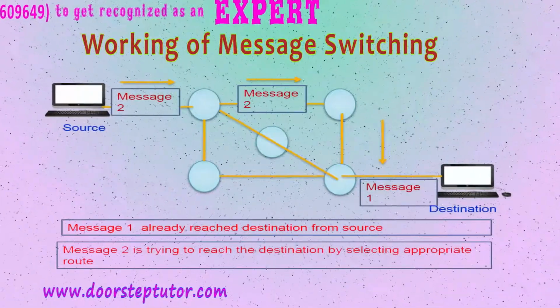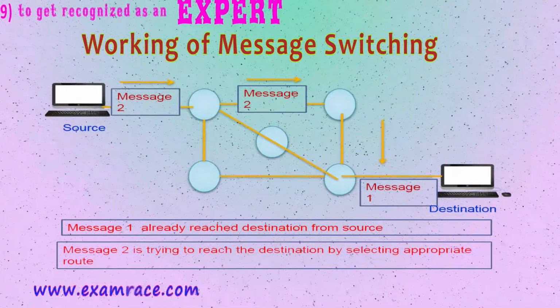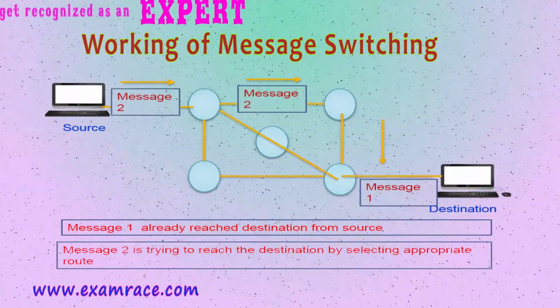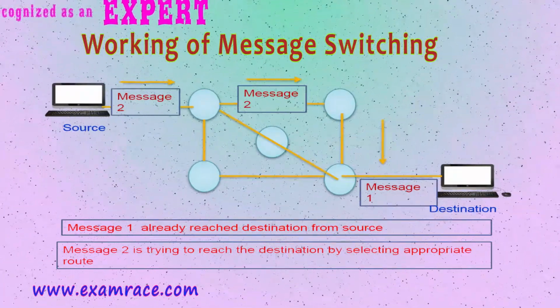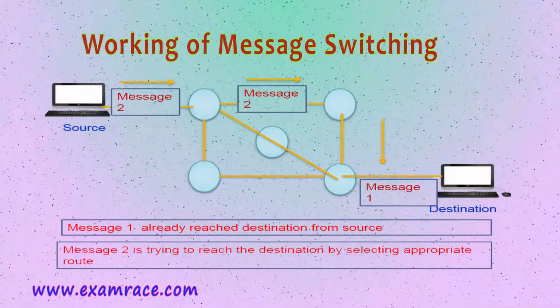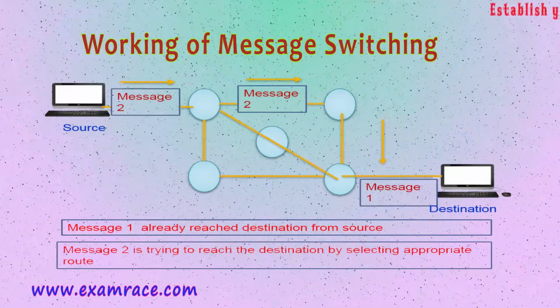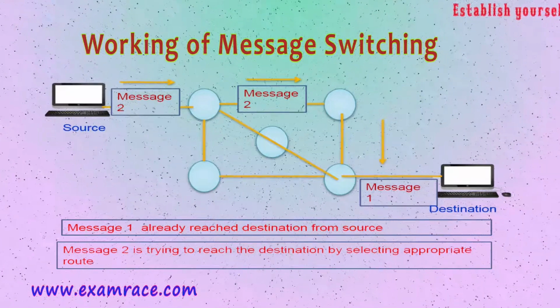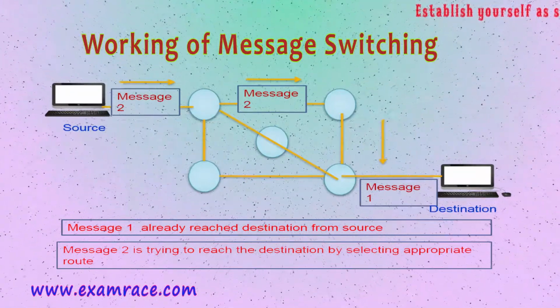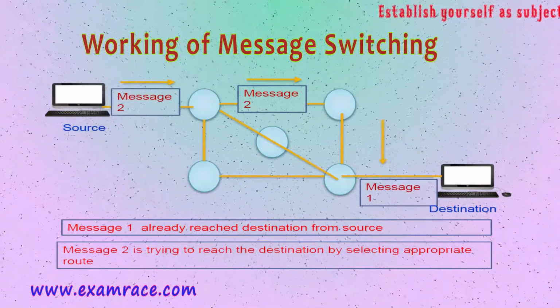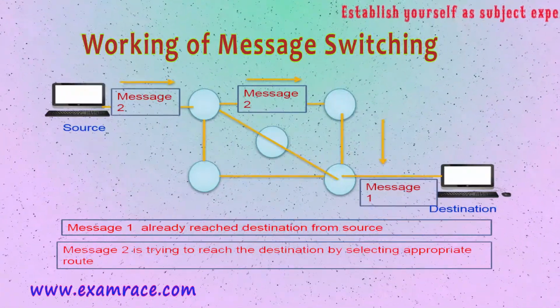Next, in the next slide we have the working of message switching. Here we have two nodes, the source and the destination mainly. Then in between we have some intermediary nodes. This is an exemplary diagram. We can have multiple nodes in the network according to the requirement also. So what is happening over here?